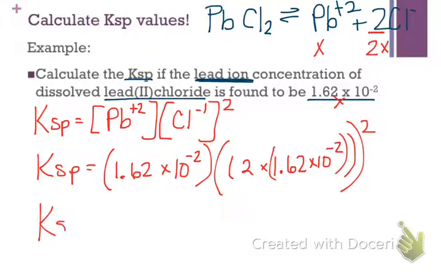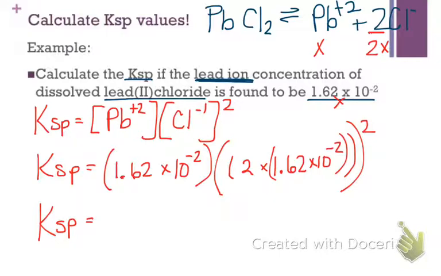Let's go ahead and put this in our calculator. 1.62 times 10 to the negative second. Make sure you close and do all your parentheses, times 2 times 1.62 times 10 to the negative second. Close that parentheses. I want to square that value.